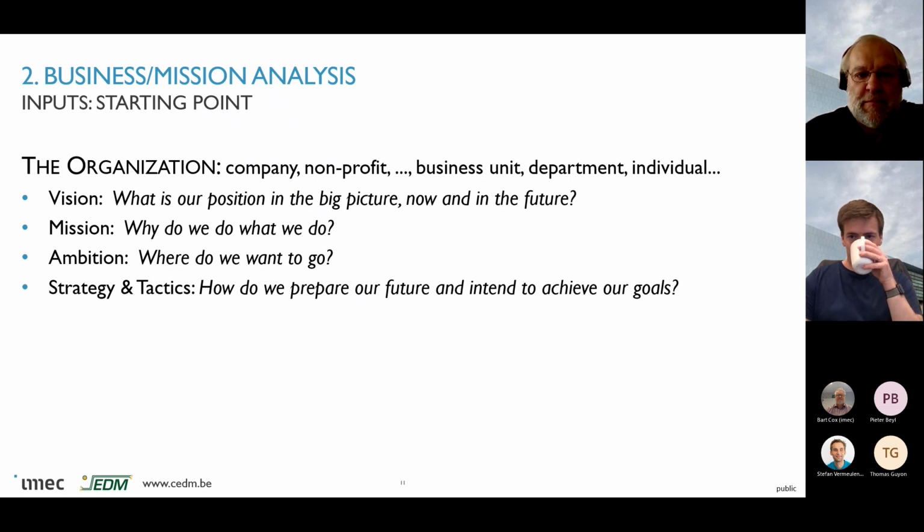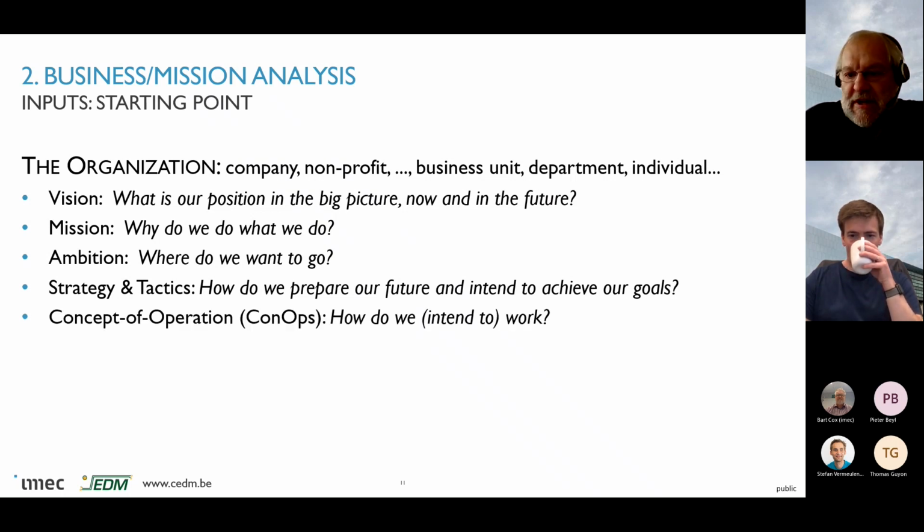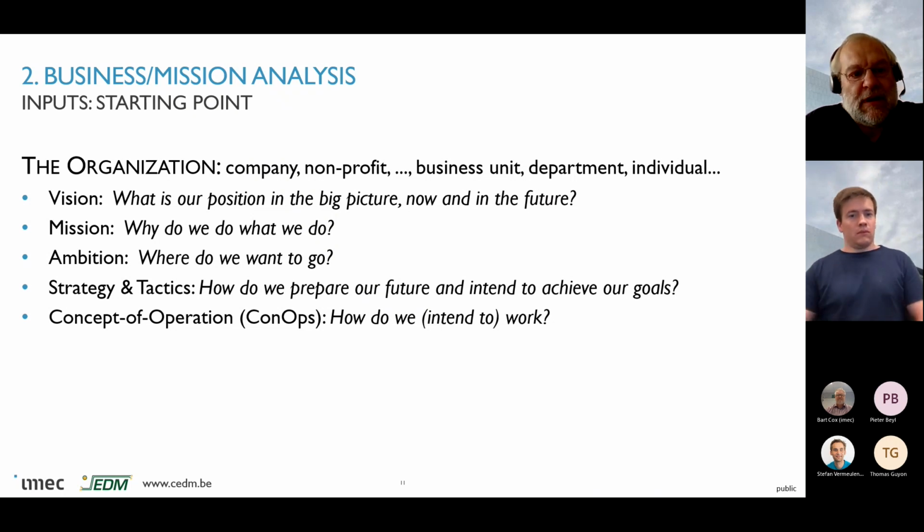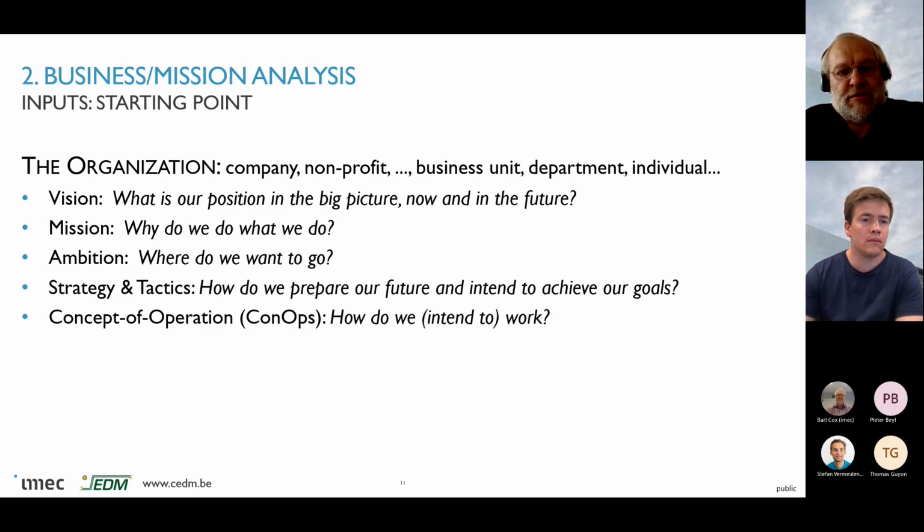How does it prepare for the future and how does it intend to achieve its goals? The concept of operation is the way the organization intends to work or is working. What is acceptable for the organization? The way of working is different for a production facility, which is oriented towards producing products, than for example for a service provider.